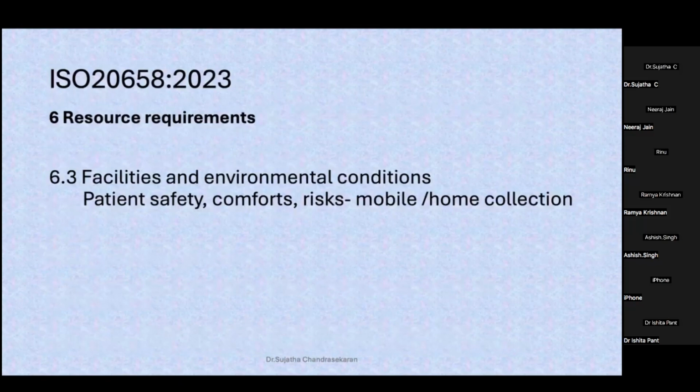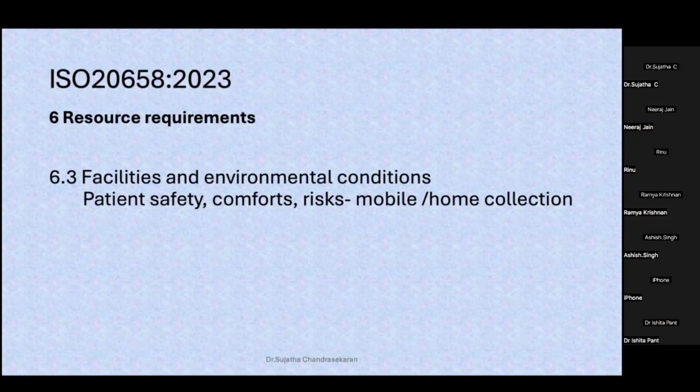Right. Next, the resource requirements. These are generally taken care of: comfort, patient safety, how they are seated, all that. These have to be ensured in mobile clinics, mobile sample collection labs, and also in home collection.